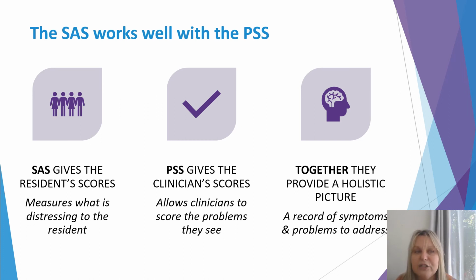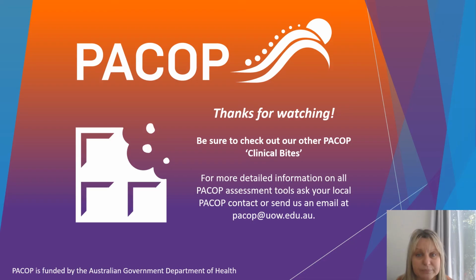So that allows the clinician to use their clinical skills and assess the resident and then score the resident within that tool. When you put both of these scores together, you get a holistic picture of the concerns, problems, and issues that are causing a problem for the resident, and therefore what we need to act on and make allowances and interventions for in the care plan so that we might meet these needs.